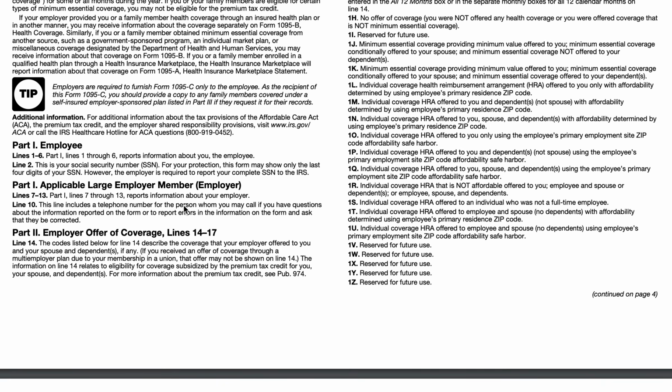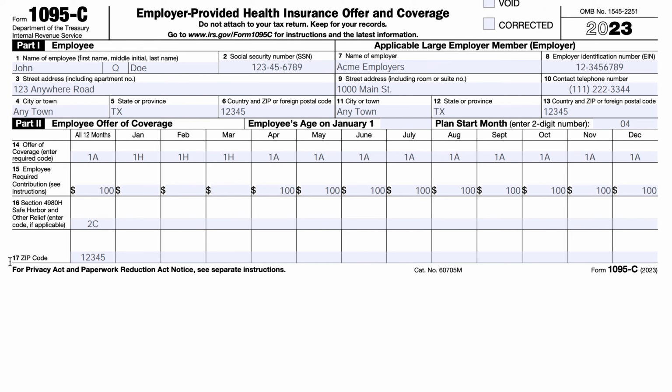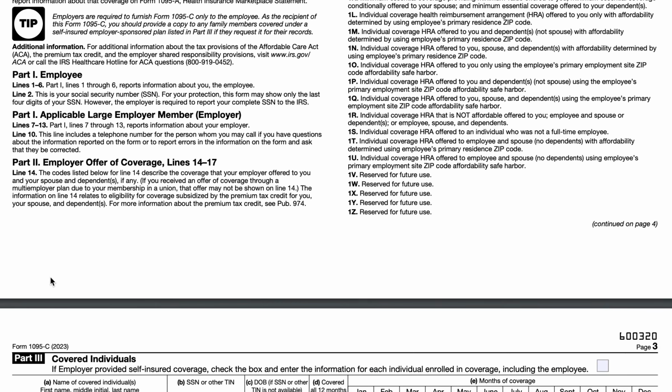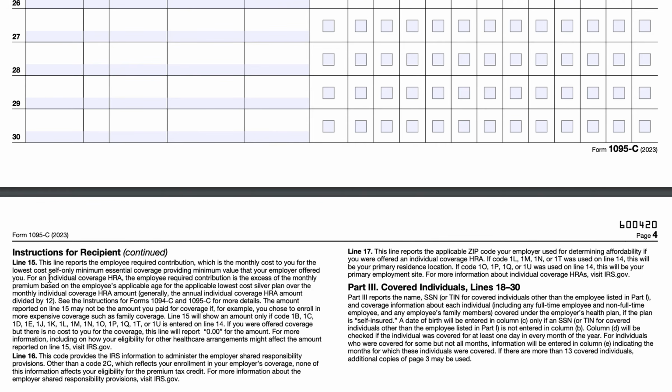The last thing that we need to cover is the zip code. Generally speaking, for minimum essential coverage, that would be based on your location. If it's for an HRA, I believe it can be based on the employee's location. If one of these codes, 1L, 1M, 1N, or 1T, was on line 14, that would be based on your primary residence.